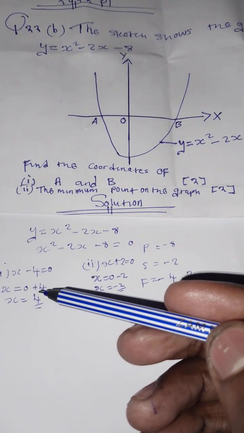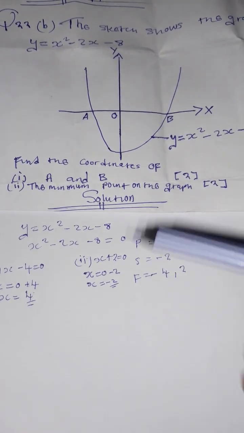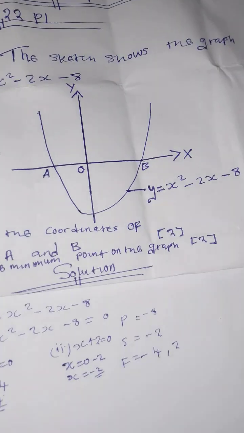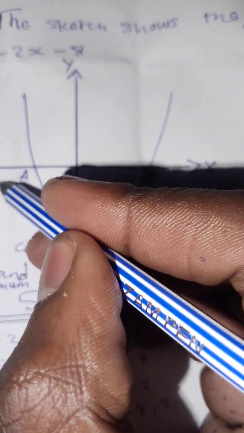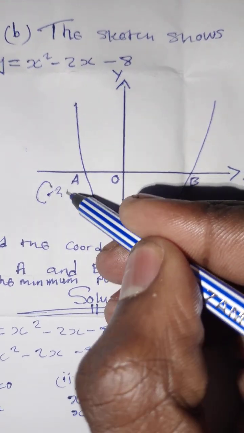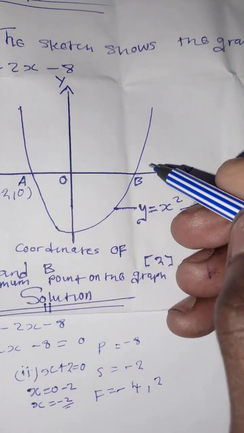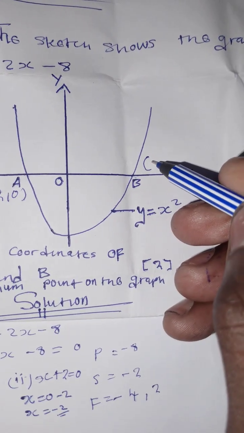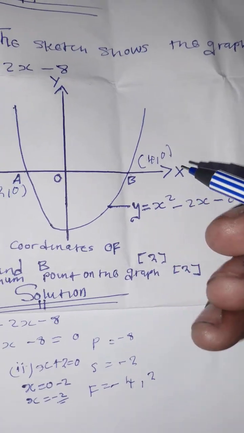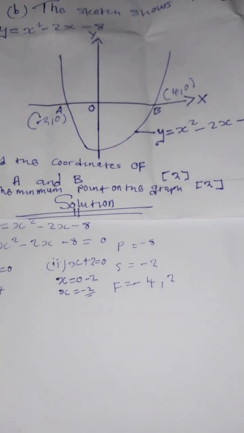Which means 4 is for B, and −2 is for A. So how are we going to write it? We do this: A is (−2, 0), and B is (4, 0). So this is how we find the coordinates of A and B.